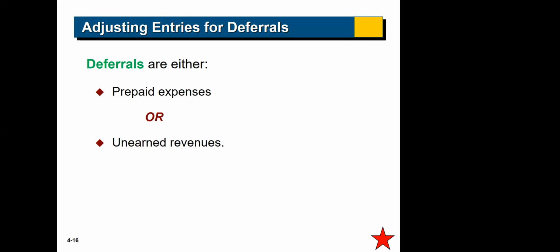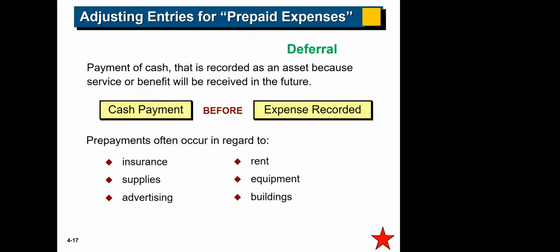So prepaid expense could be prepaid rent, could be prepaid insurance. I think those are the common ones you're going to see. Unearned revenue, so that's unearned service revenue. You haven't provided a service, but they paid you money already. Okay, so here are some examples.